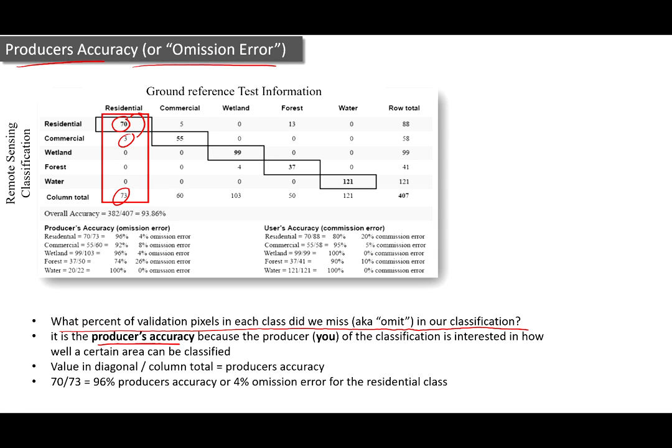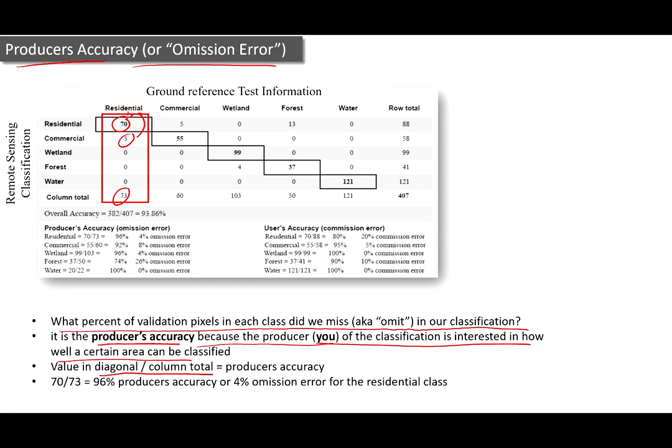The producer's accuracy is basically the inverse of that, or we flip that around. The terminology becomes a little archaic, these old cartographic terms. But basically, producer's accuracy is called that because the producer of the classification is interested in how well a certain area can be classified. We don't want to miss anything as a producer. So it's just the value in the diagonal over the column total.